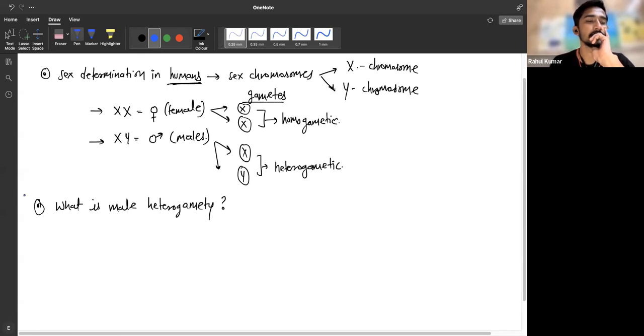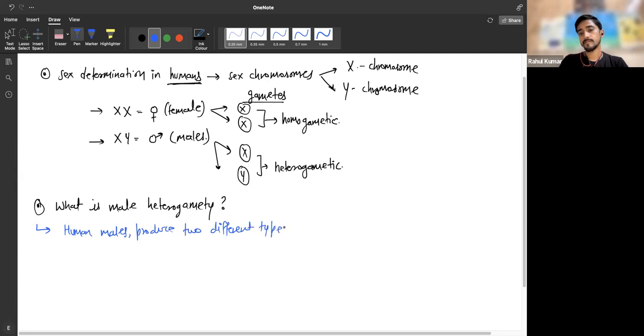You can write down, in case of human males, they produce two different types of gametes containing two different sex chromosomes.